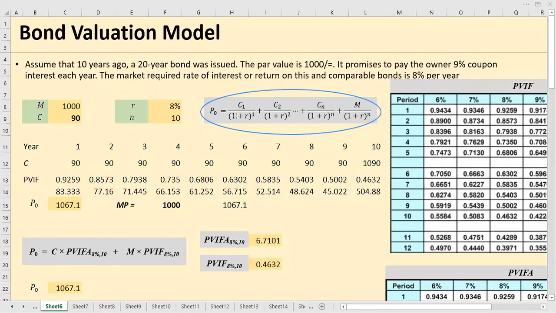Now, as I mentioned earlier, if you look at C1, C2 up to Cn and M, those things are given.